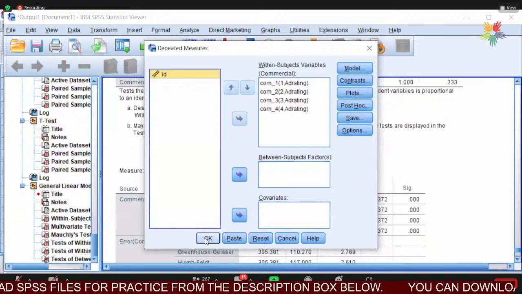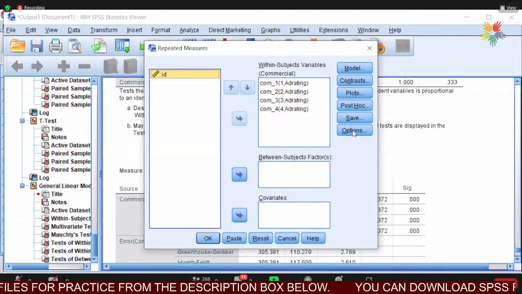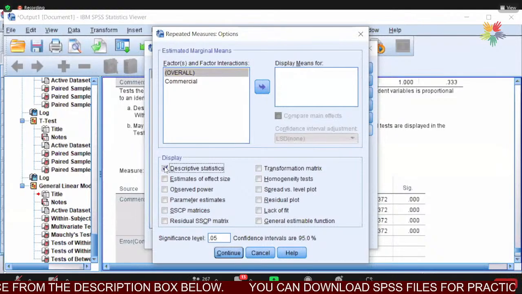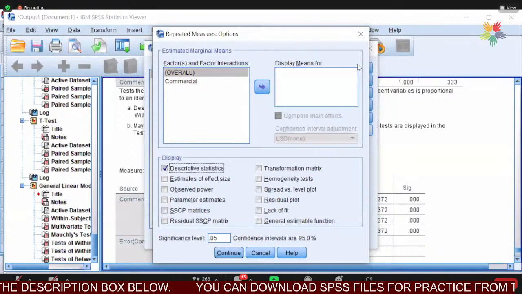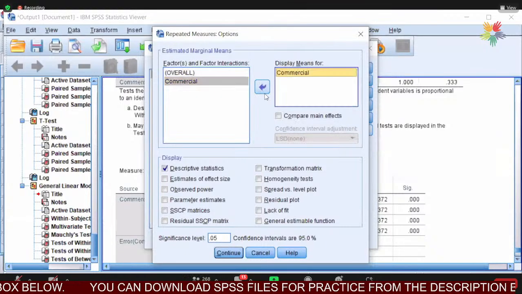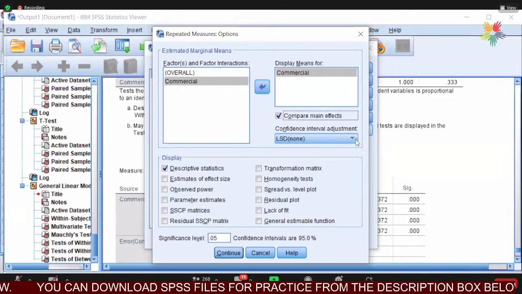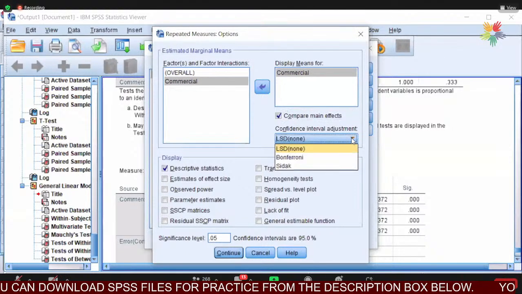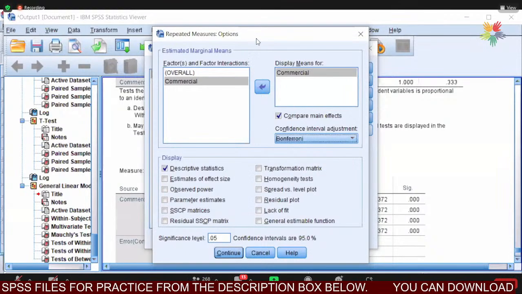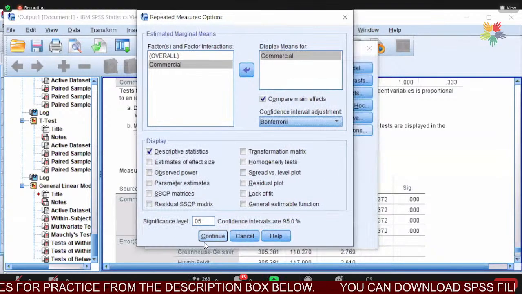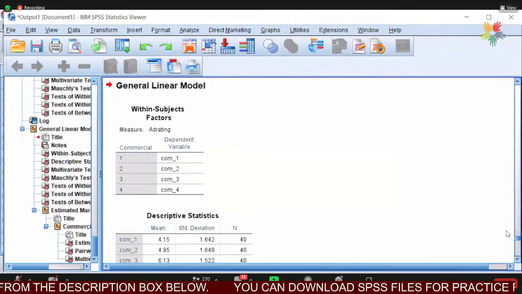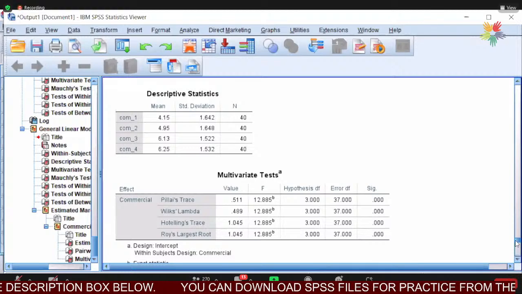Here in the options we have descriptive statistics, and we can also compare the means.